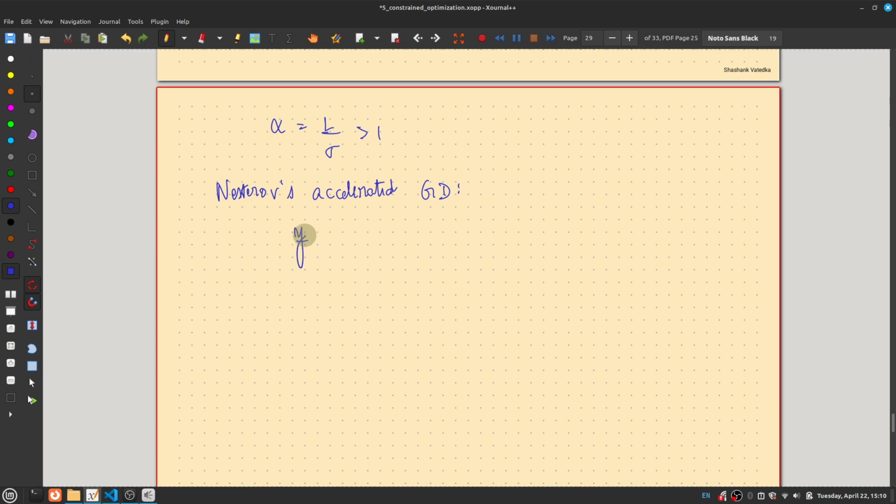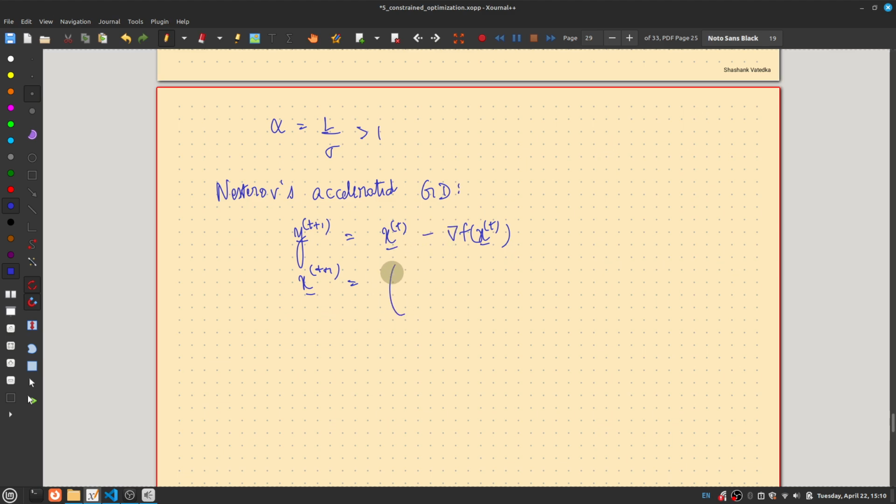You take y t plus 1 to be equal to x t minus gradient of f evaluated at x t, and x t plus 1 is a linear combination of y t plus 1 and y t.